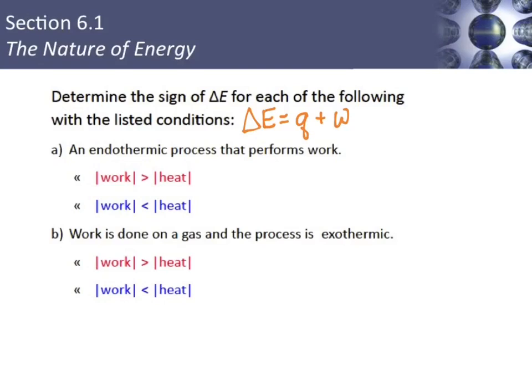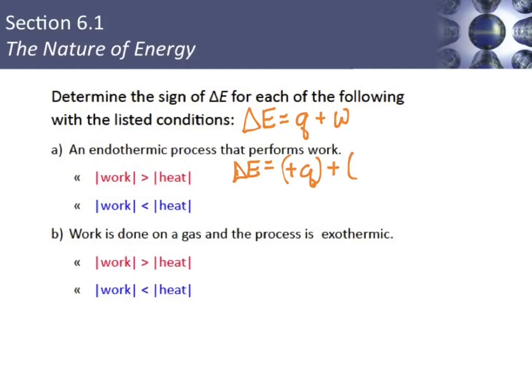So an endothermic process. So endothermic, what is our Q? Positive or negative? If it's endothermic, then it's a positive Q. And it performs work, so we have a positive Q, and it performs work.